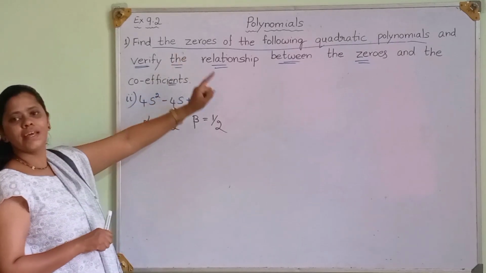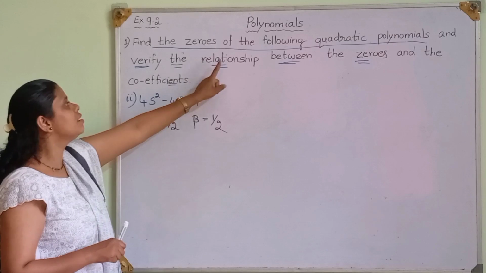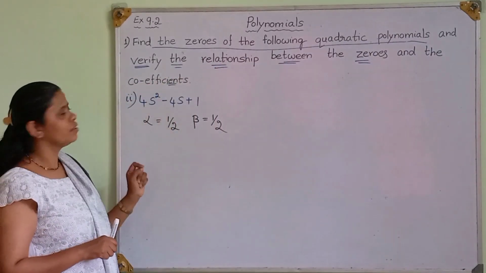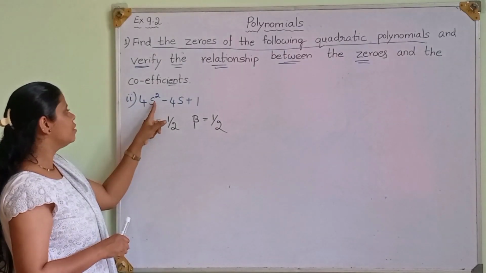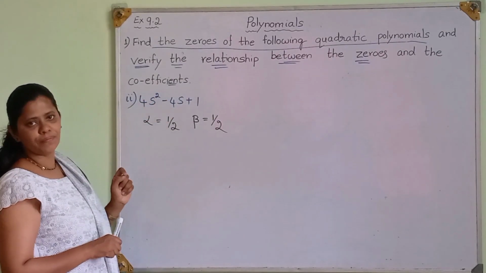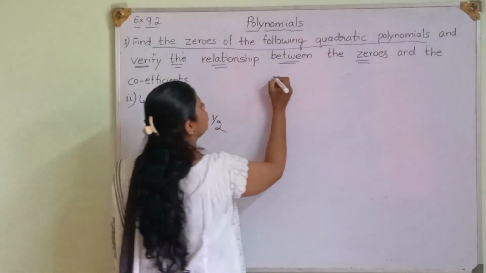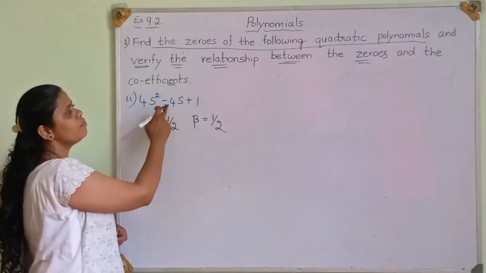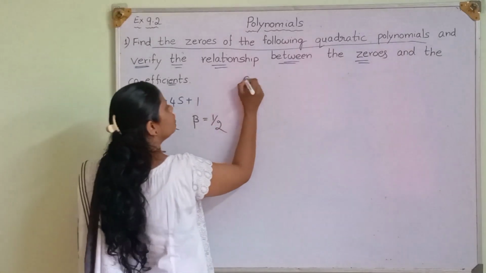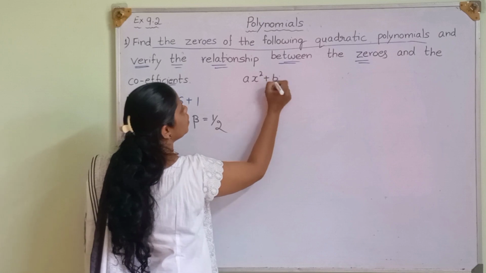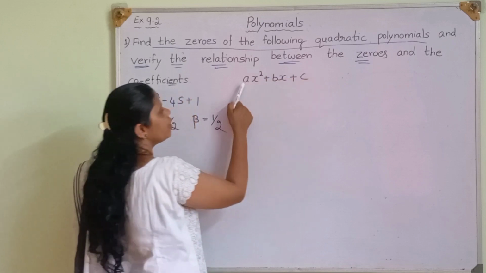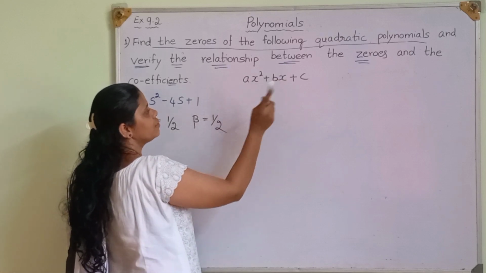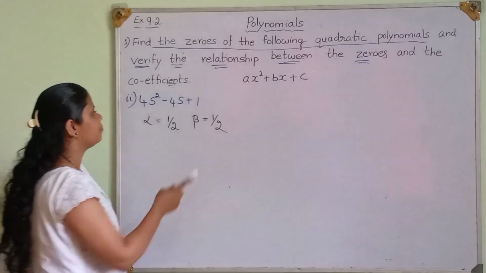See, what the second part says: verify the relationship between the zeros and the coefficients. Say, coefficient of s square is what? 4. That is, this equation is in the form of ax square plus bx plus c, right? Where a is the coefficient of x square, b is the coefficient of x and c is constant.